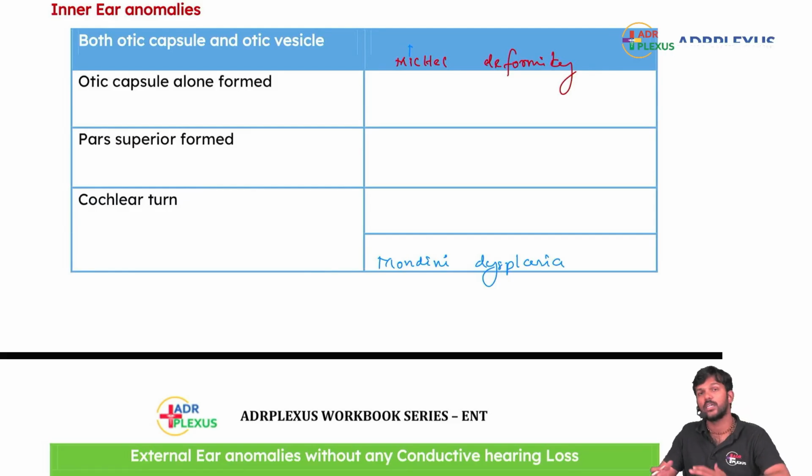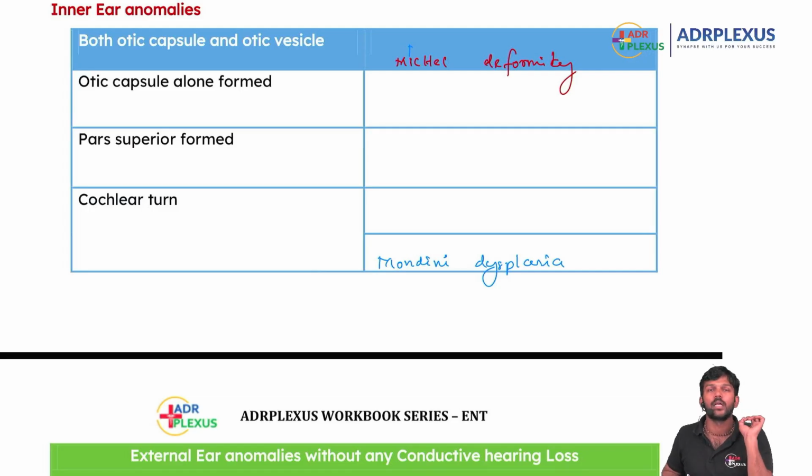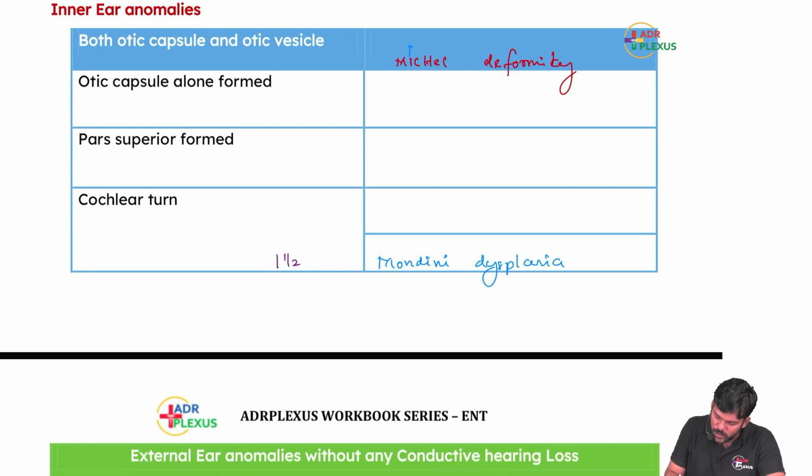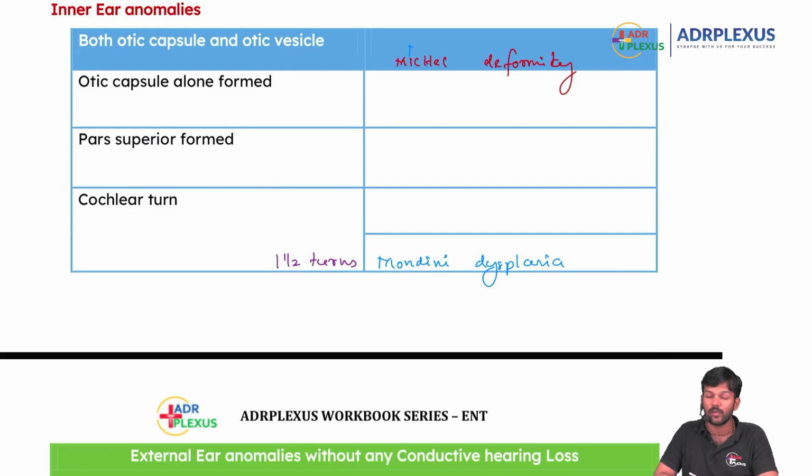That is the difference. Two extremes of the disease: completely not forming, Michel; or formed but only 1.5 turns of the cochlea present, rather than 2 3/4 turns, which is Mondini's dysplasia.